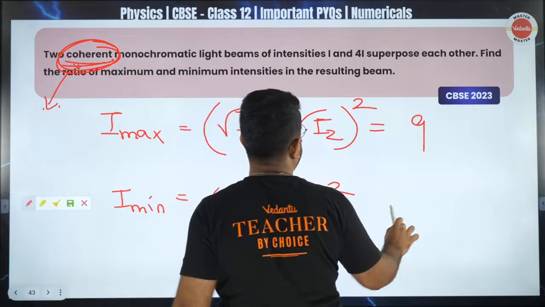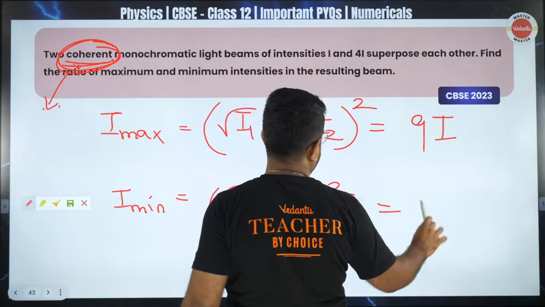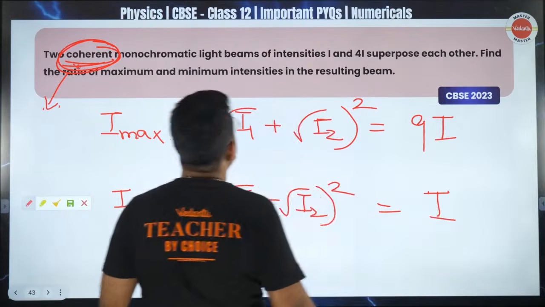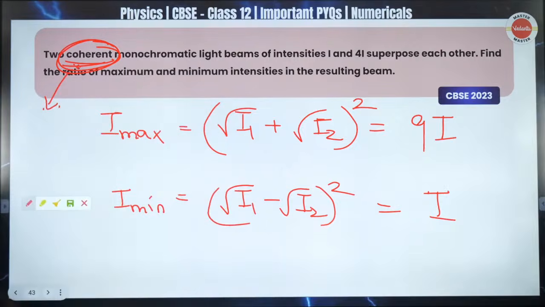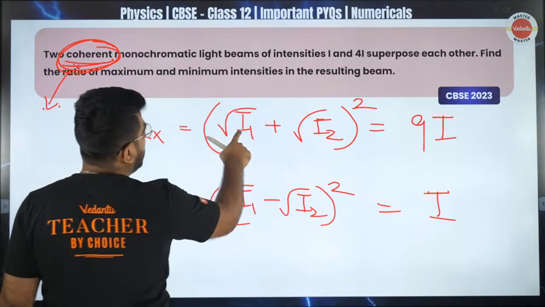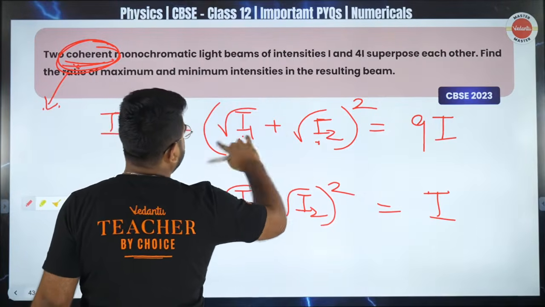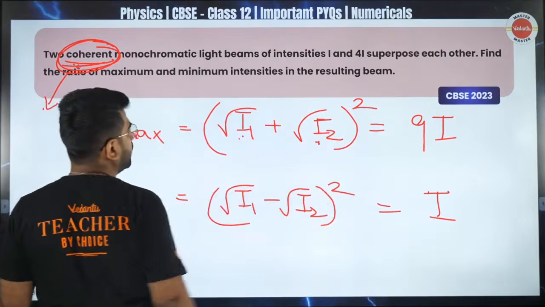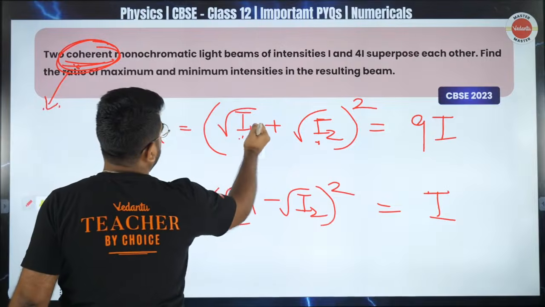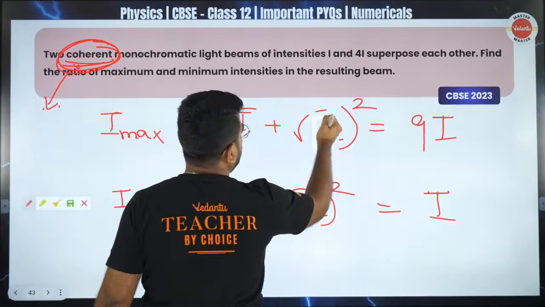The answer is 9I and I. This will be I and this will be 2I, so I plus 2I, 3I whole square, 9I.